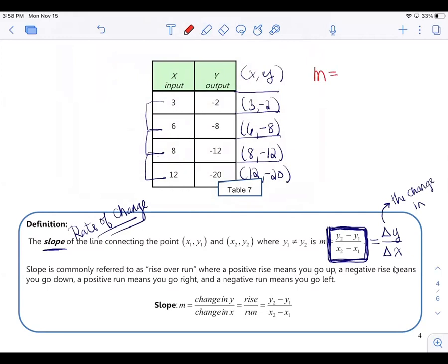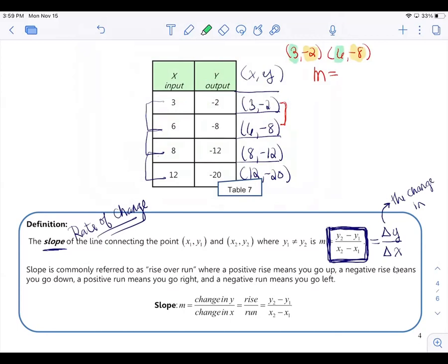It does not matter how you choose your points. So the first 2 points I'm going to look at are (3, -2) and then (6, -8). So I'm just choosing these two in my first one. Is everyone okay with these are your y's, that the yellow are your y's and the greens are your x's?